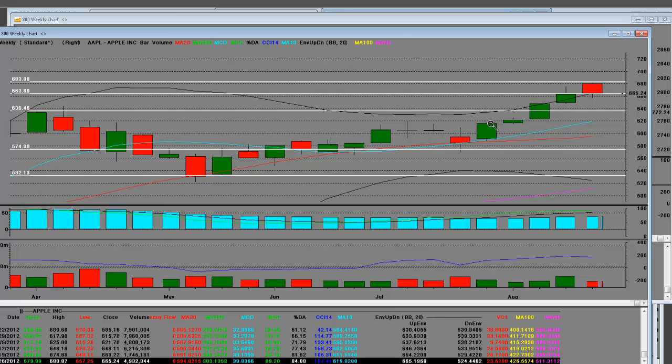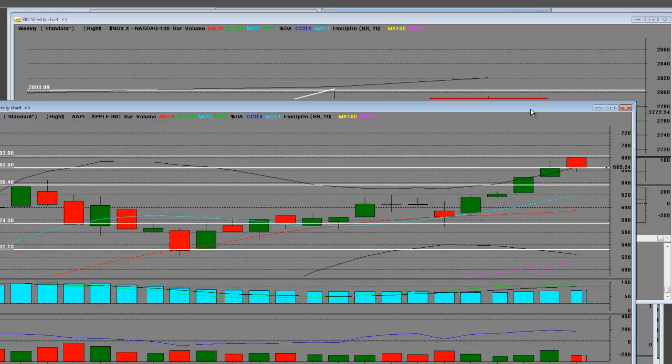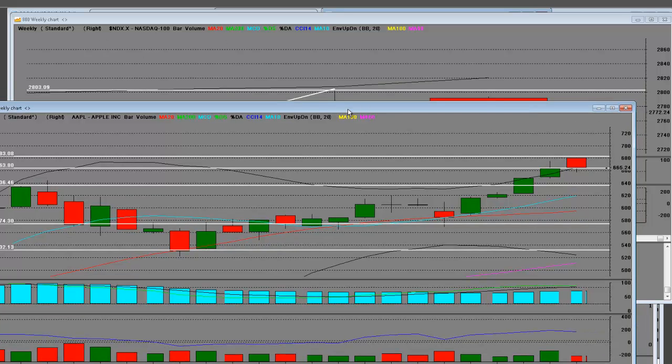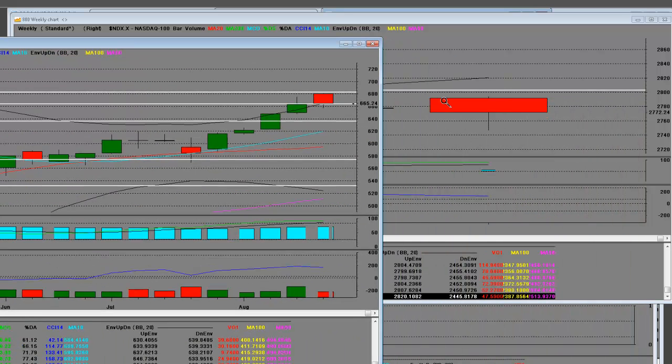When Apple sells down, it's a very big weighting of this Nasdaq 100. You can see here that they both have a distribution week. So when Apple sells down, Nasdaq 100 goes down, and we have a put ratio trade from certain wholesale levels.